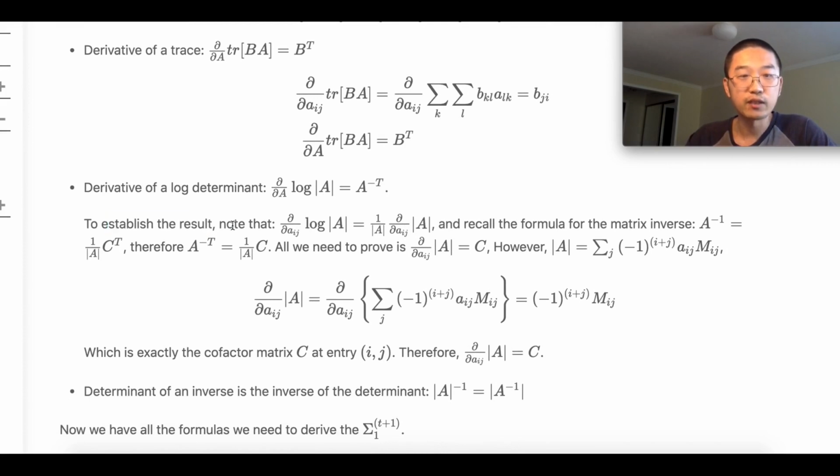To establish it, note that the derivative of the log of the determinant of A is 1 over the determinant of A times the partial derivative of the determinant of A with respect to Aij.